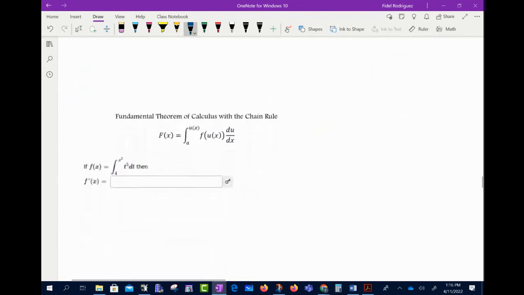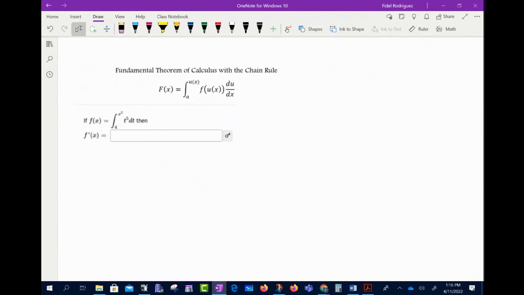Okay, so look, let's try another one here. Now we have something called the fundamental theorem of calculus with the chain rule. So when I'm using the chain rule, all it says is, just like we did before, we're going to plug that upper limit into my function. The only part that's different is that now we're going to take the derivative of that upper limit.